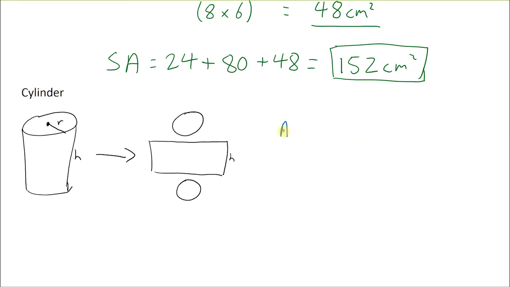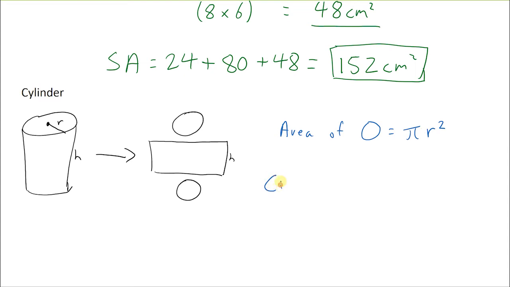The area of a circle is pi times r squared, where r is our radius.